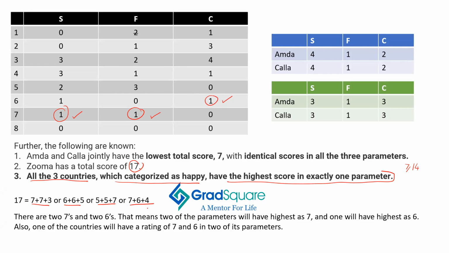So here, if you see, there are 2 7s and 2 6s. That means for 2 parameters, we'll have highest as 7 and one of the parameters highest as 6. And we know that's going to be corruption, right? And also one of the countries will have a rating of 7 and 6 in 2 of its parameters. Okay, so let's now go ahead and make the cases for this.